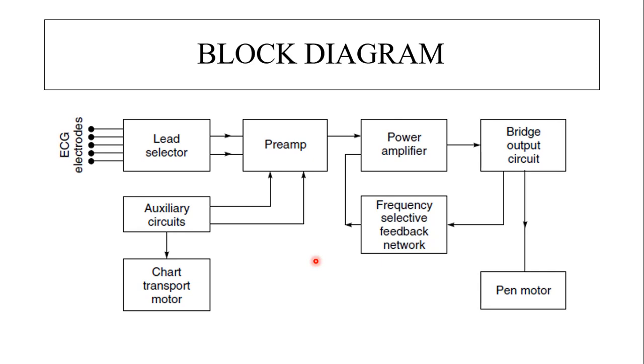From the first stage, the preamp stabilizes the effect of the ECG signal which comes from the electrode to the lead selector, and that amplified output signal is picked up single ended and given to the power amplifier here.